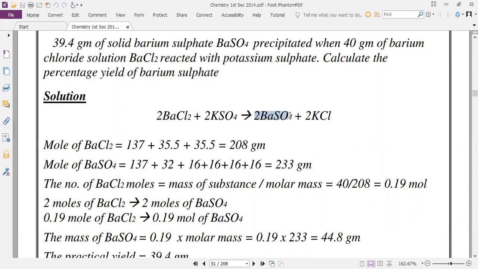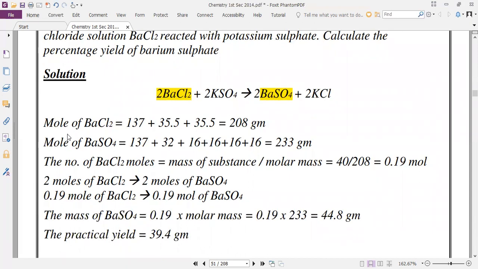We are going to shade BaCl2 and 2BaSO4, right? Okay, so first we are going to get the molar mass of each one. First, the molar mass of BaCl2. Ba equals 137, it will be known.